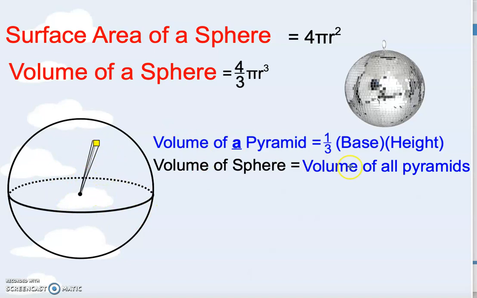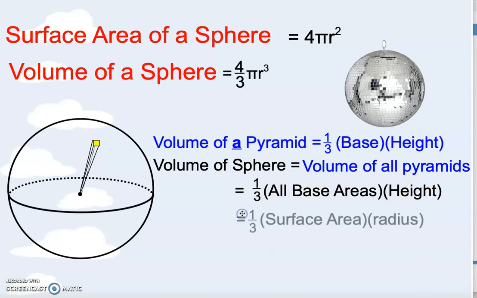Well, if the volume of a single pyramid is 1/3 the base times the height, and the volume of the sphere is the volume of all those pyramids, then we could say that this is really 1/3 times all the bases times the heights. Well, let's talk about that a little bit.